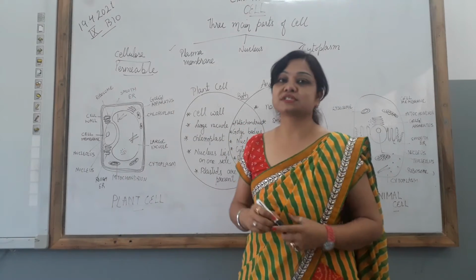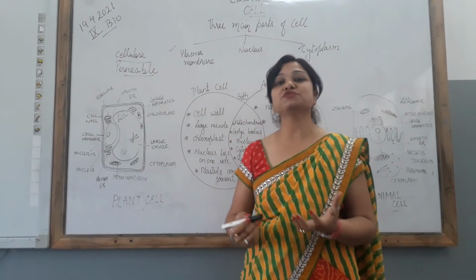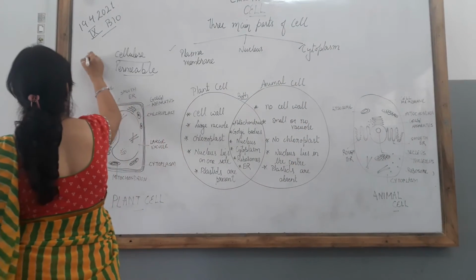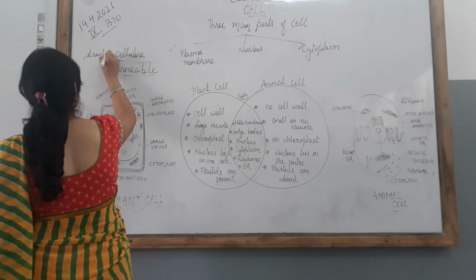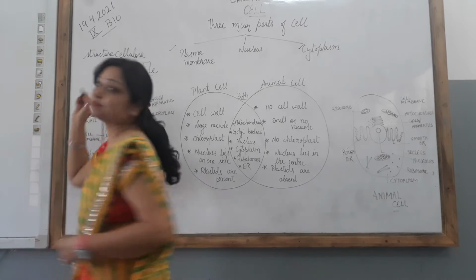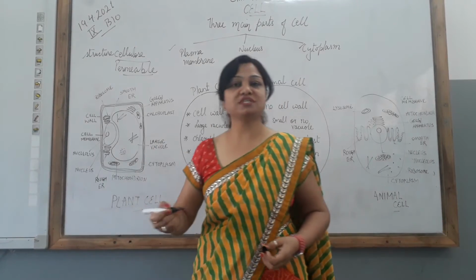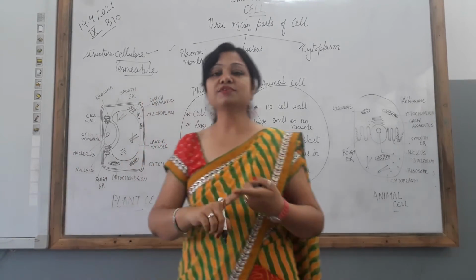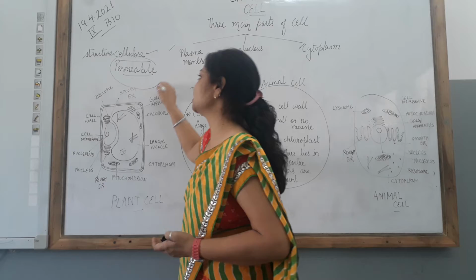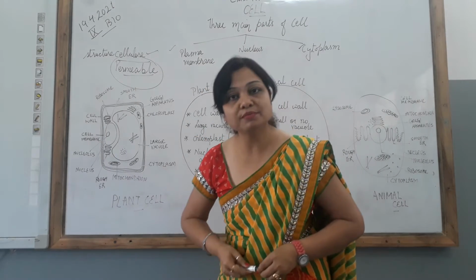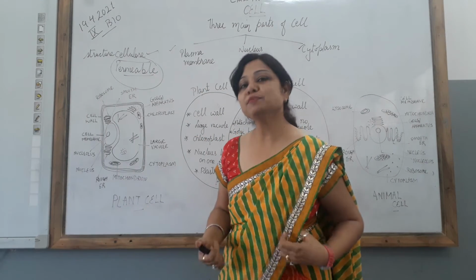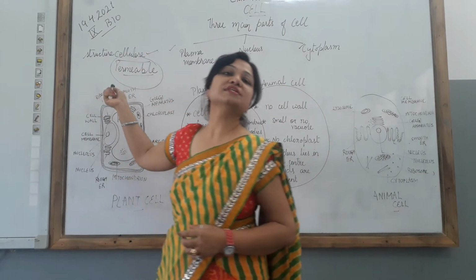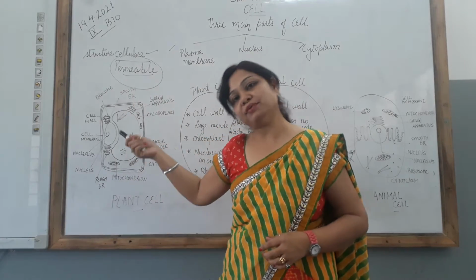If I ask you to write the differences between cell wall and cell membrane, the first difference will be regarding structure: the cell membrane is made up of lipids and proteins, and the cell wall is made up of cellulose. The second difference will be regarding permeability: the cell wall is permeable, whereas the cell membrane is semi-permeable. So these are the differences between cell wall and cell membrane.